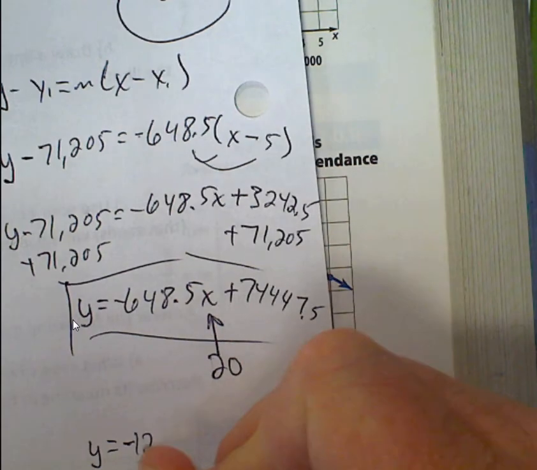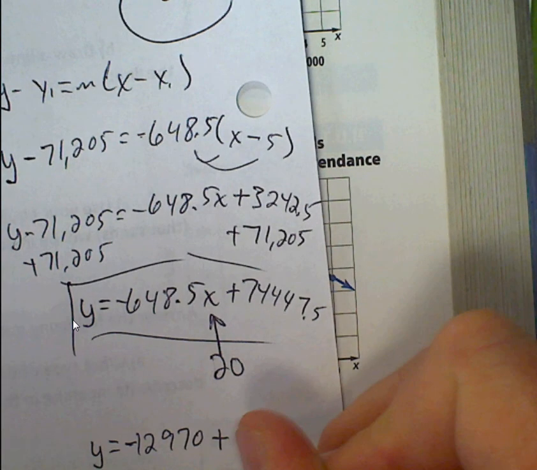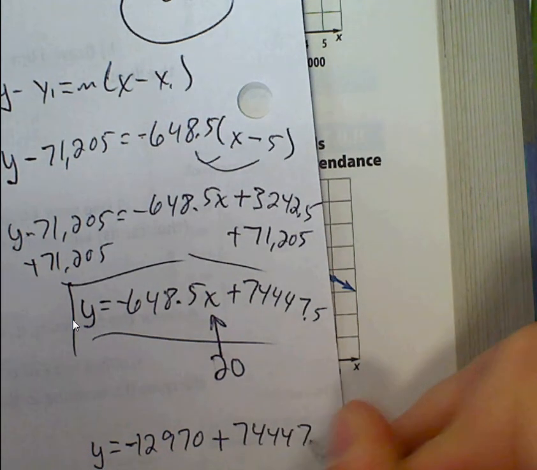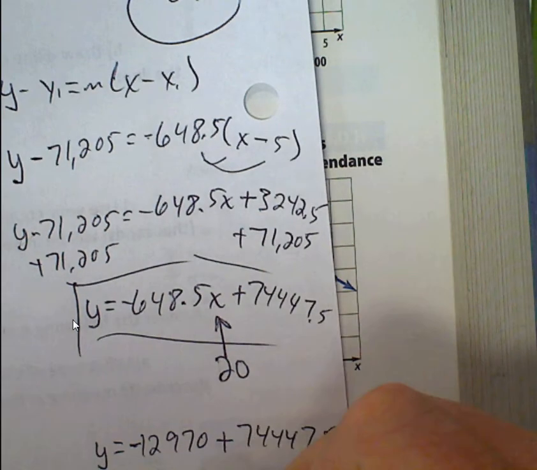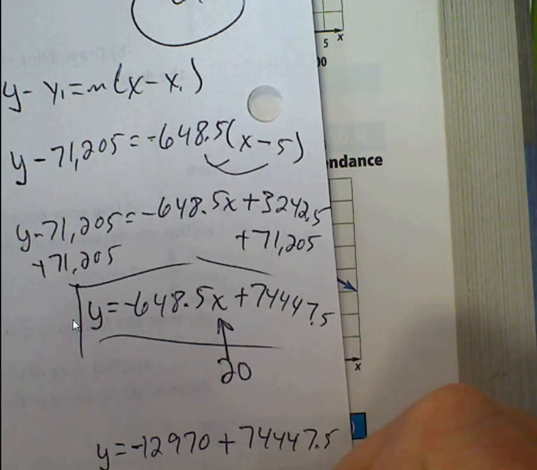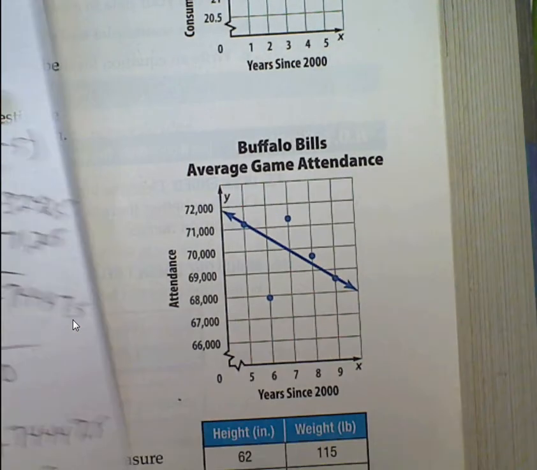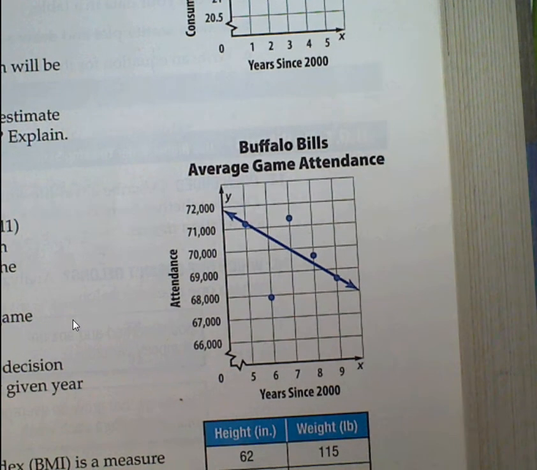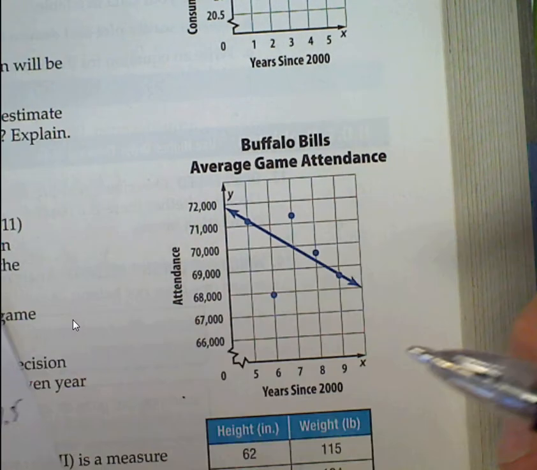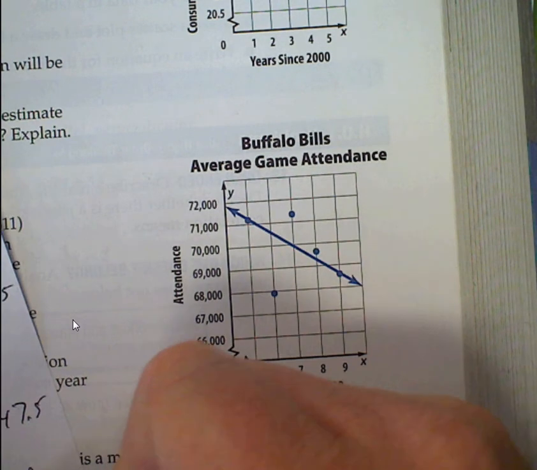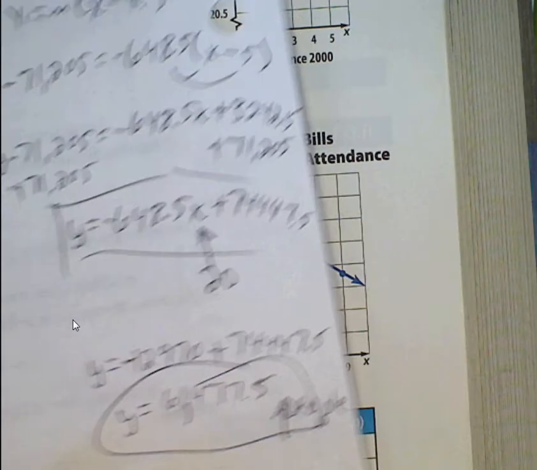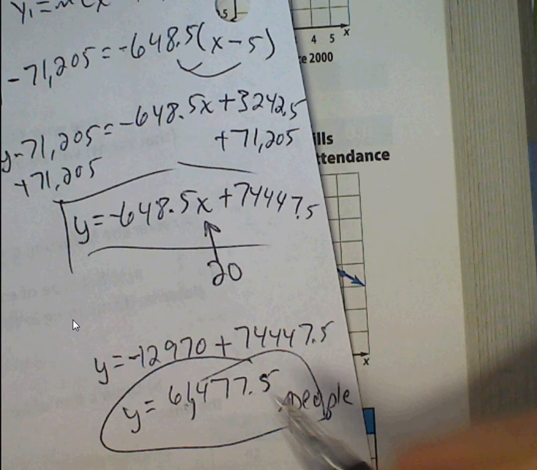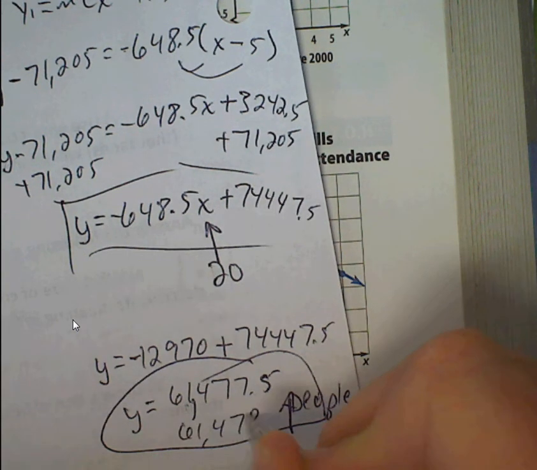That gives me negative 12,970, and I'm going to add that to 74,447.5. That gives me 61,477.5. We are talking about attendance, so this would be people. So in 2020, we're going to have 61,477 people. I need to round this up because I can't have 0.5, so 61,478 people.